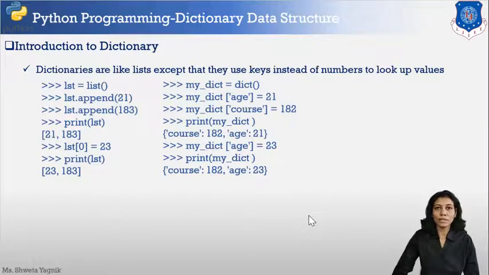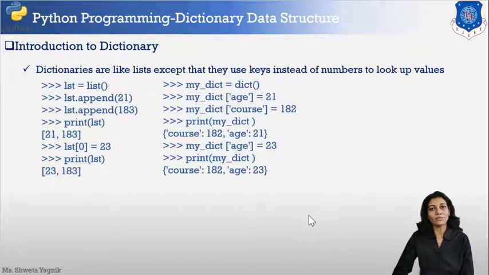We have declared over here lst as a list, then we have appended 21 and 183, then we have printed the list. Okay, index of 21 is 0 and index of 183 is 1. If we want to extract the first element, we will use index 0, and in case of dictionary, we will have keys and values.